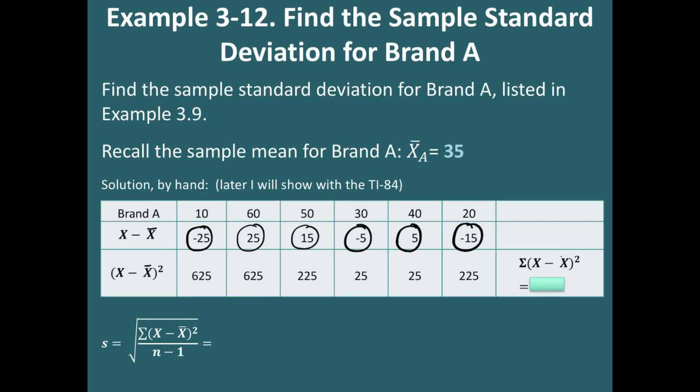Now finally what we do is we take all of these values in this row and add them up, giving us 1750. We simply get the square root of the 1750 that you see there, all divided by n minus 1. Well, as you can see, there are 6 sample data shown.